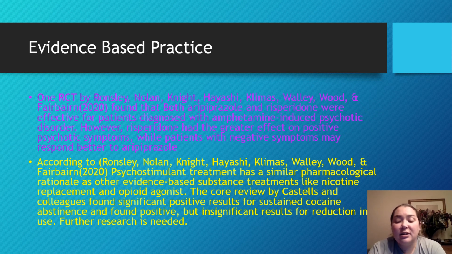So in this article, it found that psychostimulants actually helped them sustain cocaine abstinence afterwards. It's not necessarily what we do in practice right now, but it is showing changes in research and how we're learning to help these people.